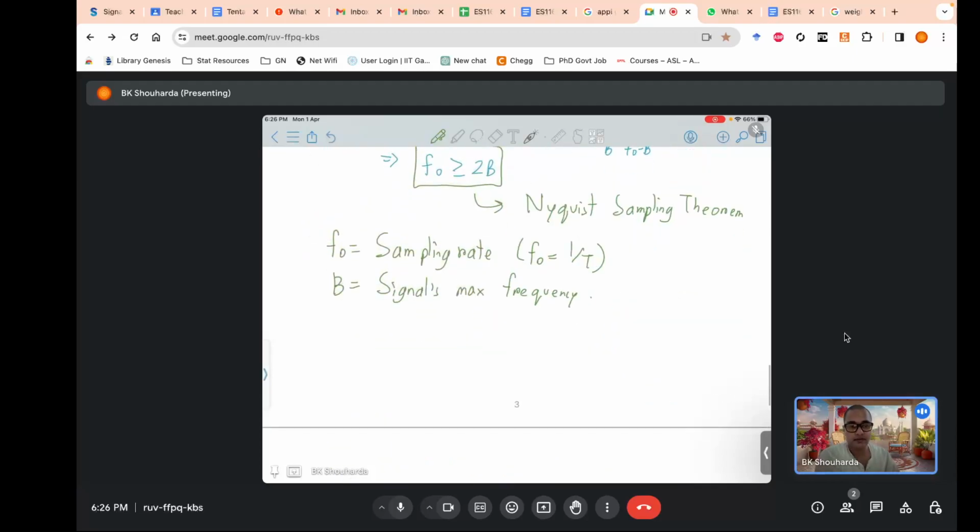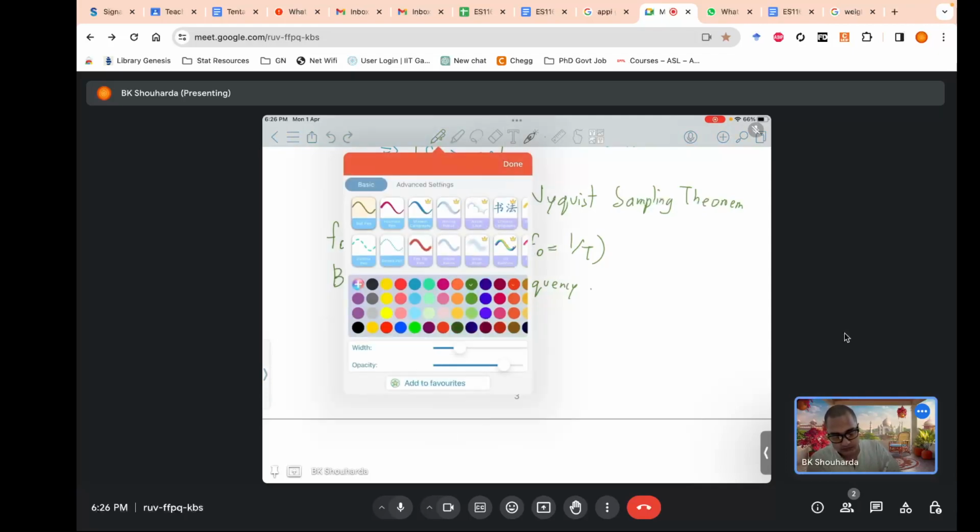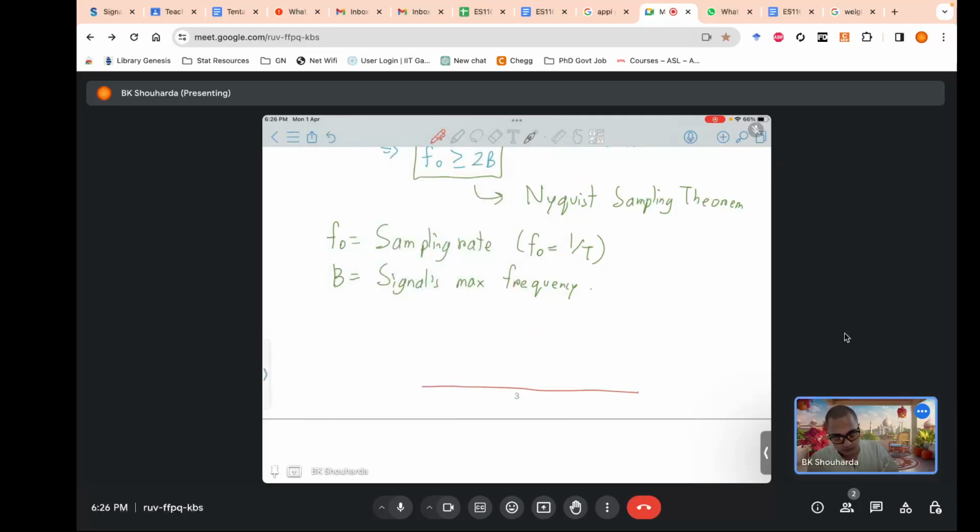And what happens when the Nyquist theorem is not satisfied? Let's say B is over here, and in the other case, f naught minus B is less, so it starts before the other spectrum stops.